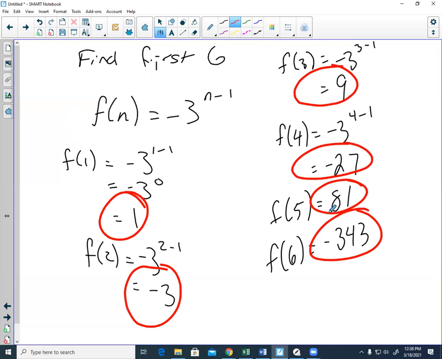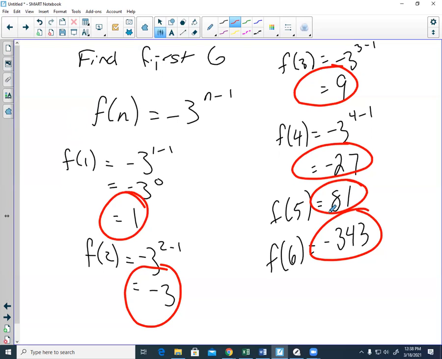Positive, negative, positive, negative, positive, negative. That's one of the things that people really struggle with when they're dealing with patterns and creating their own equations. They really struggle with the fact that sometimes we can go from positive to negative, positive to negative, positive to negative. So just keep that in mind.